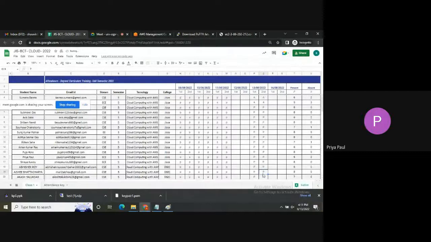Priya Paul, present, sir. Where is Priya Paul? Yeah, you're already present. Actually, for those who attended, I just provide the attendance formally. Shreya Kundu, present, sir. Shreya Kundu already provided attendance.